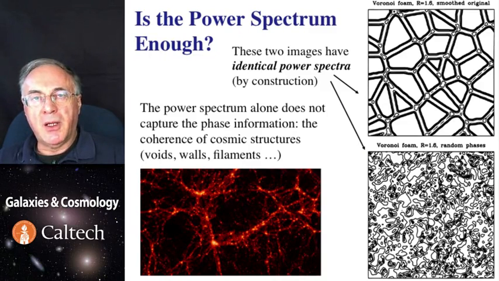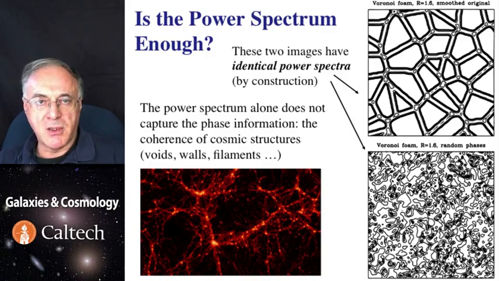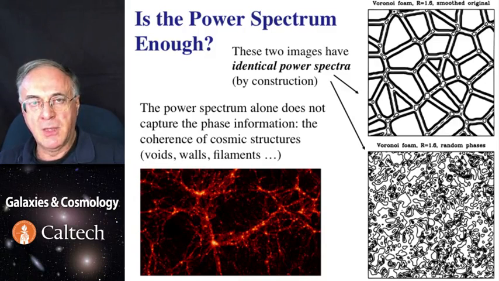So far, we talked about the power spectrum, that is the distribution of amplitudes of density fluctuations. But in that process, as in computing the power spectrum, we completely neglect phase information. Now, here is a dramatic illustration of why phase information is important, produced by Alex Szalay.